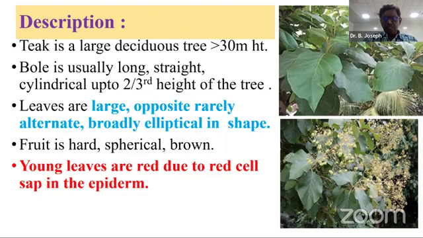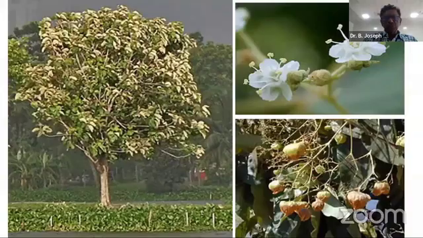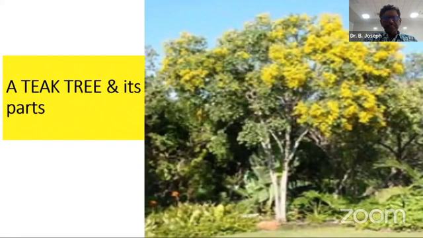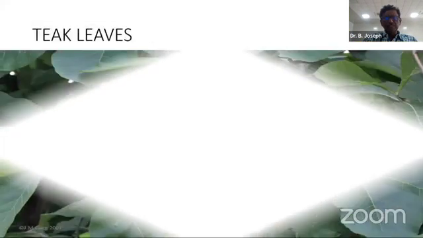Leaves are large and opposite, and young leaves are red-blue because of the epidermal sap. You can see pictures of how the teak tree grows, its flower, its fruiting habit, and the parts of a teak tree. I'll just give you a glimpse of all these things.